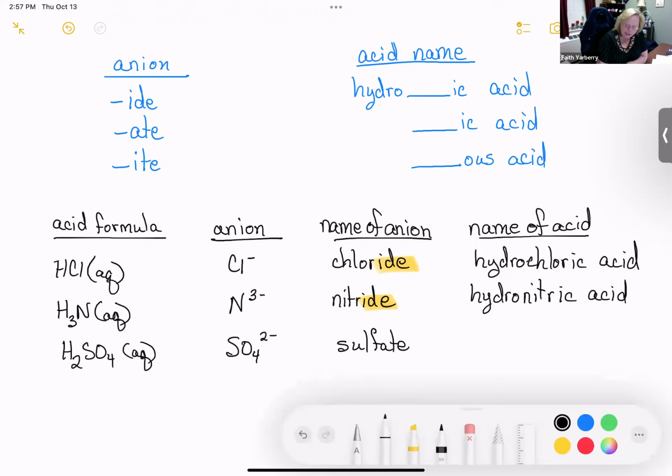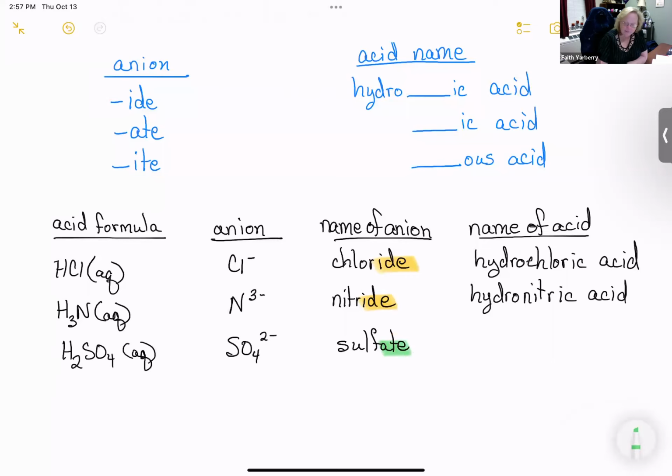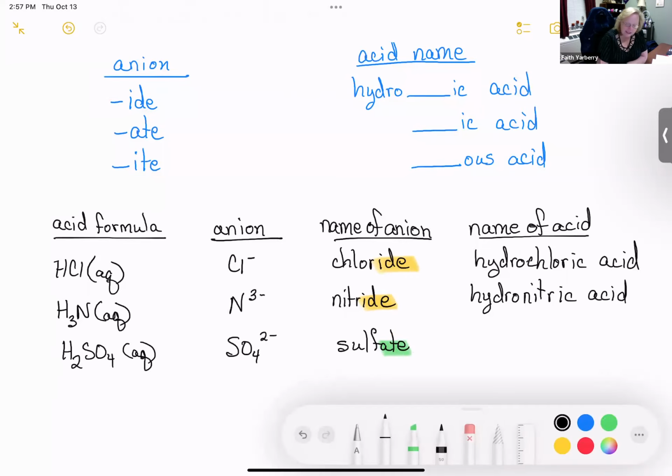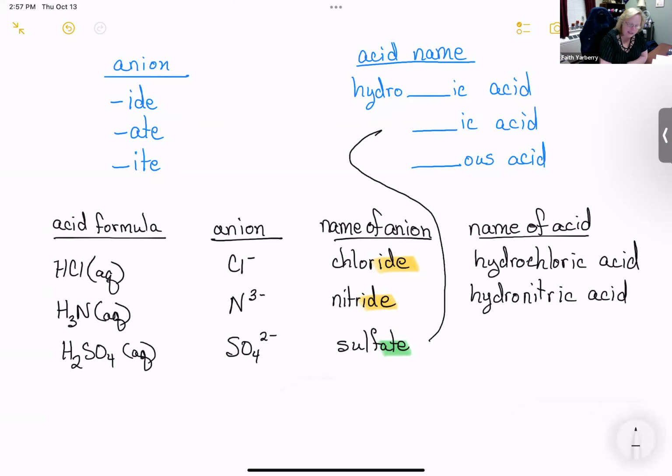So it now ends in ATE. Since it ends in ATE, it's just going to use the root followed by ic acid. So this is sulfuric acid.